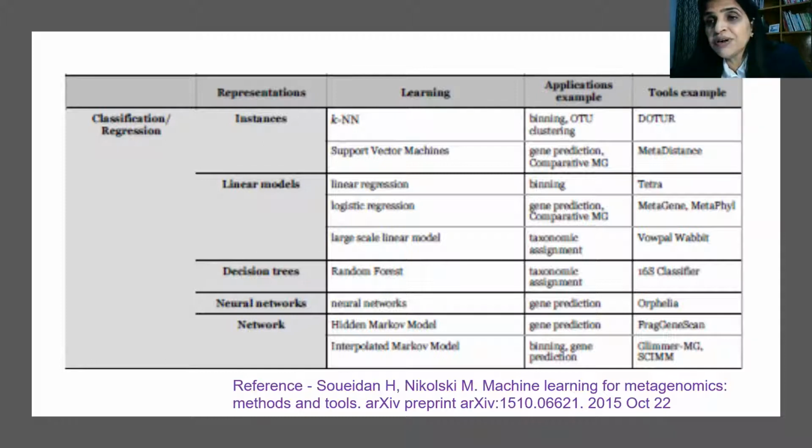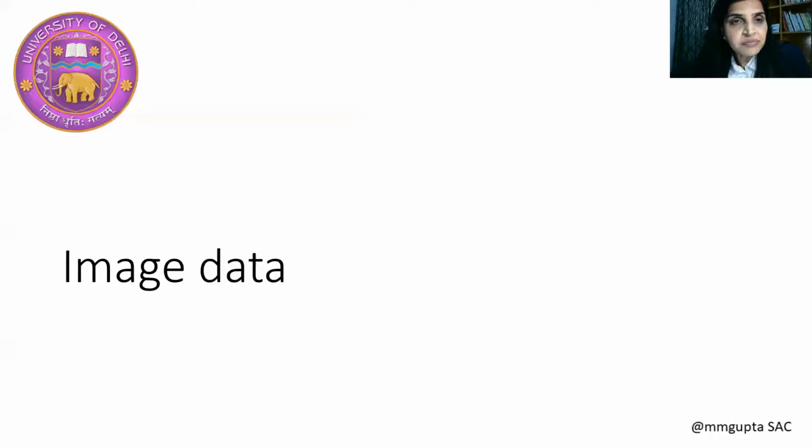I gave you one example of error fixing, but I have a table, which I couldn't show here because of the resolution problem. The reference is taken from this paper, and you see all types of machine learning algorithms used for clustering and at every step of metagenomic data analysis. Metagenomic data analysis for symbionts is taking full advantage of these algorithms, and they are getting refined every time, and we hope for more applications there.